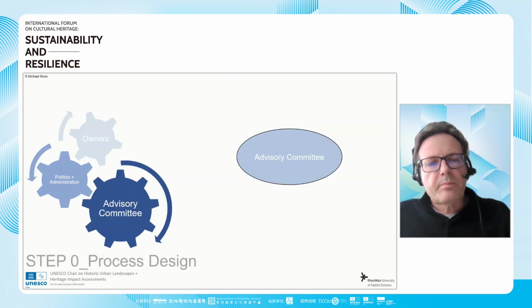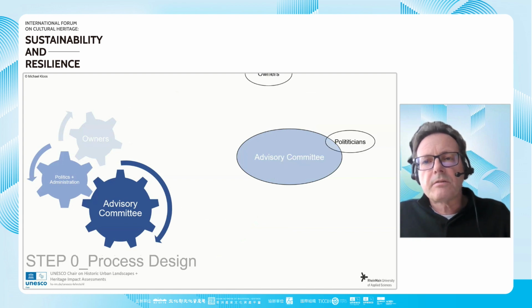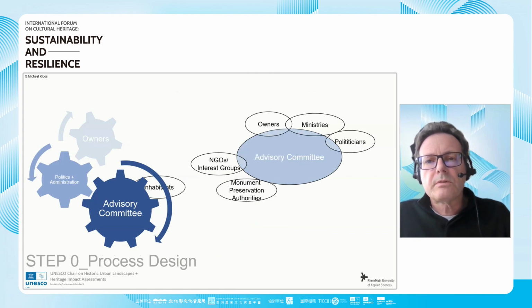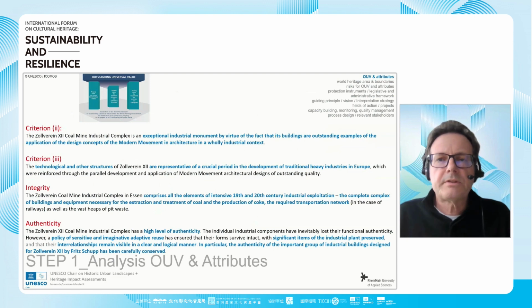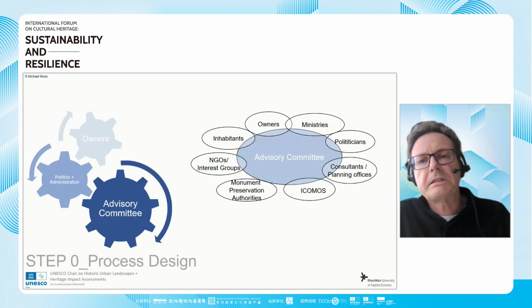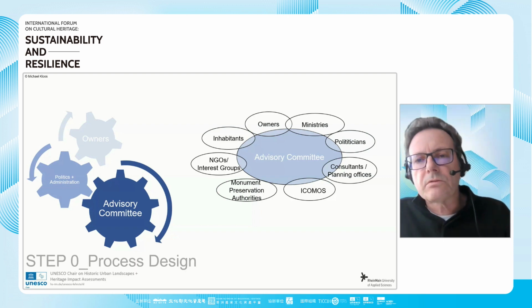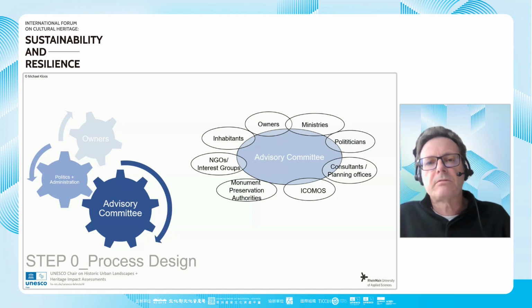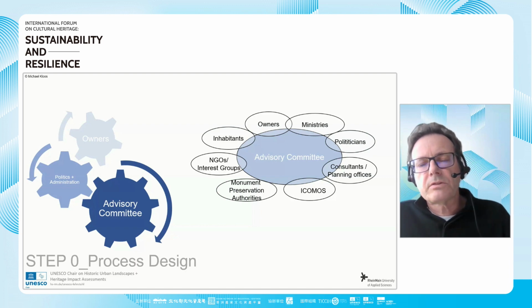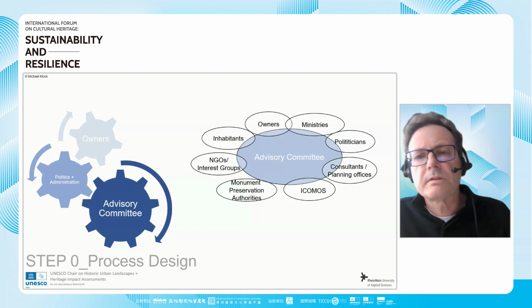So therefore, we set up a kind of process design, and one of the ideas, of course, was to include all stakeholders in this management process, which was already quite a complicated endeavor because there were a lot of stakeholders to be included. These are not even all of the stakeholders here. You have stakeholders on the regional level of the federal state, on the local level, and stakeholders coming from NGOs.